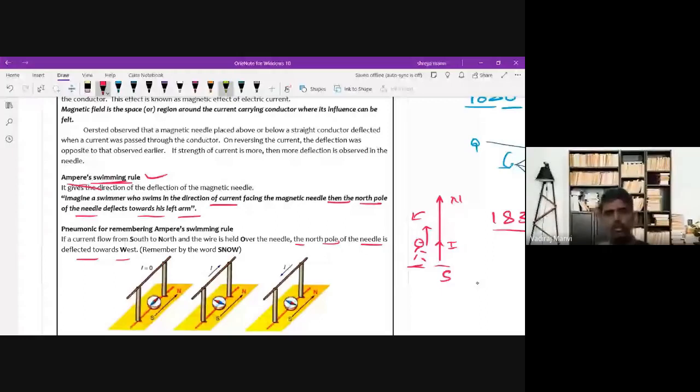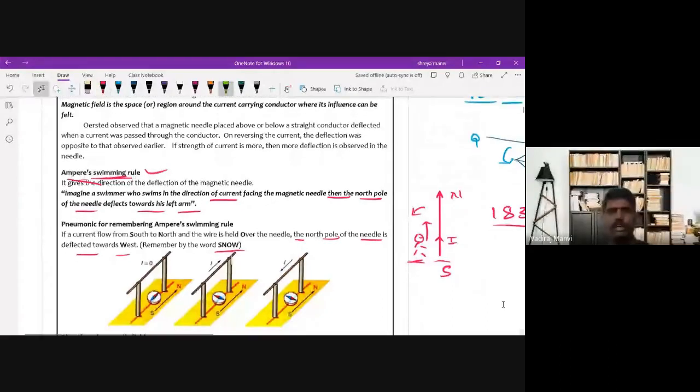If current is from south to north, and the magnetic needle is above the conductor, then the magnetic needle will get deflected towards the west. If it is from north to south, NSOE it will become, then it will deflect towards the east. Clear? This is one way, but many people couldn't follow this.